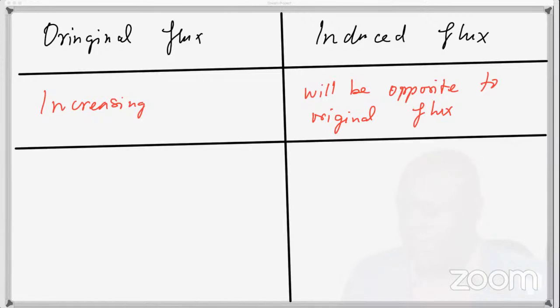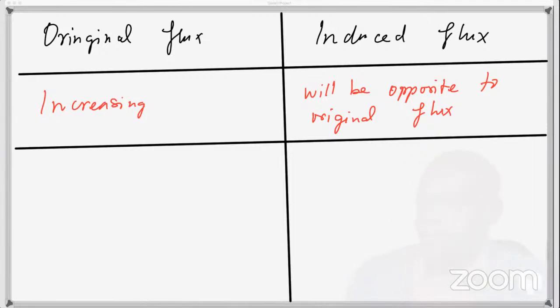Yes. So the original flux is increasing. Lenz's law says the induced flux will oppose the original change in the original flux. The change is increasing, you oppose an increasing quantity by decreasing it or by creating something opposite.